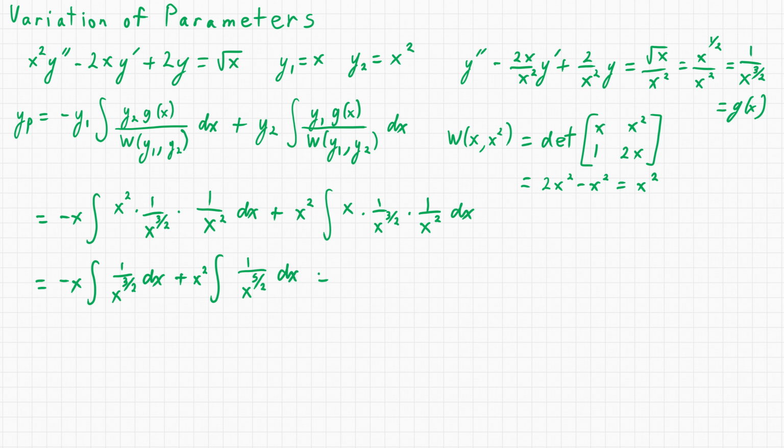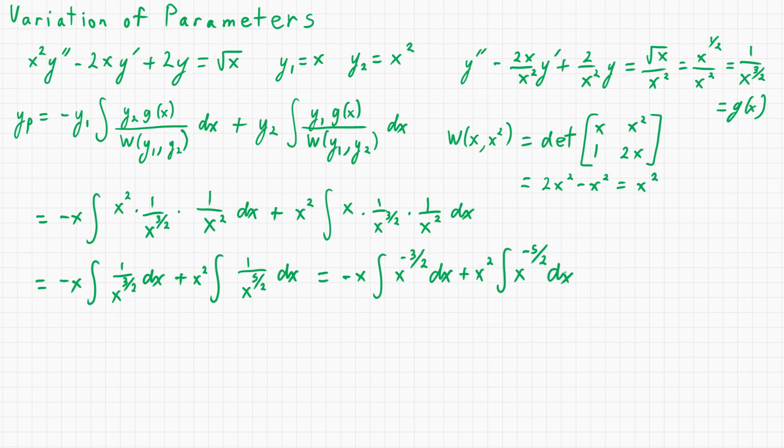It's going to be a little simpler to change those to be on the top with a negative exponent. So I'm going to write this as negative x, indefinite integral, x to the negative 3/2 dx, plus x squared, indefinite integral, x to the negative 5/2 dx.